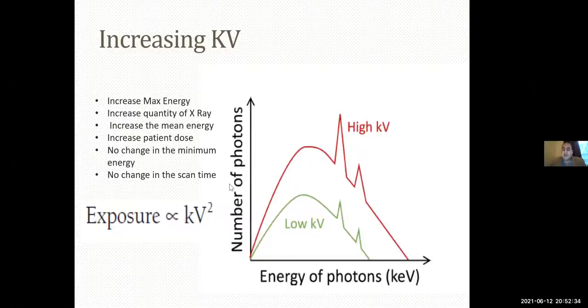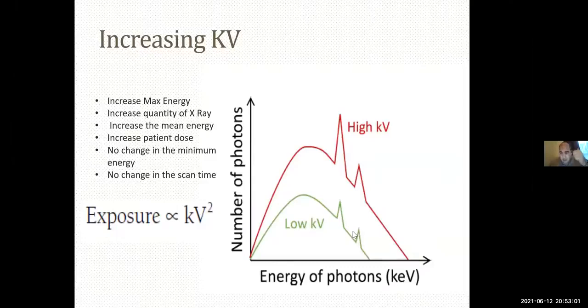So when you increase the kV from 80 to 120 kV, you increase the intensity of X-ray and the maximum energy of the X-ray photon. You also increase the mean energy, which will be higher than the mean energy of low kV, but there is no change in the minimum energy because the minimum energy of X-ray depends on the filtration. And there is no change in the scan time.